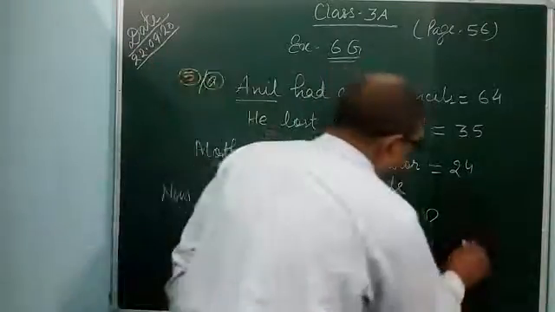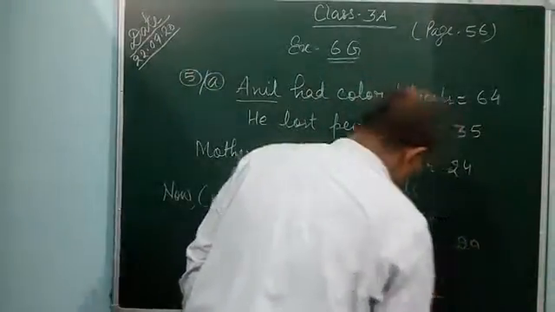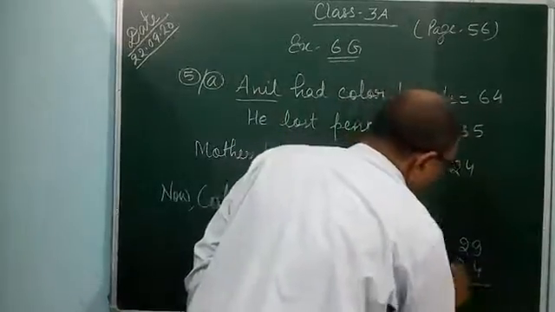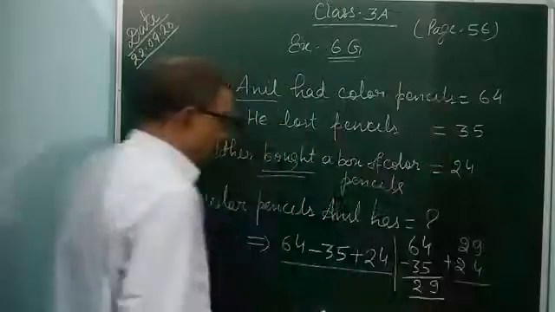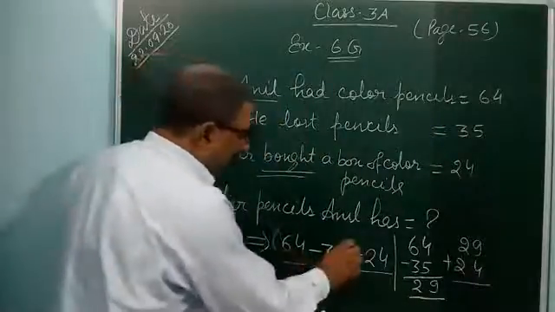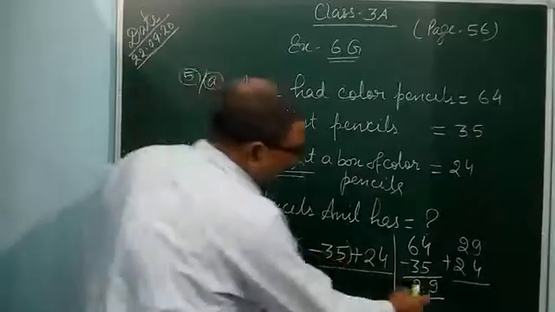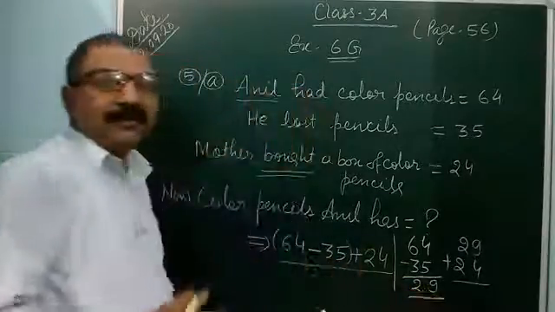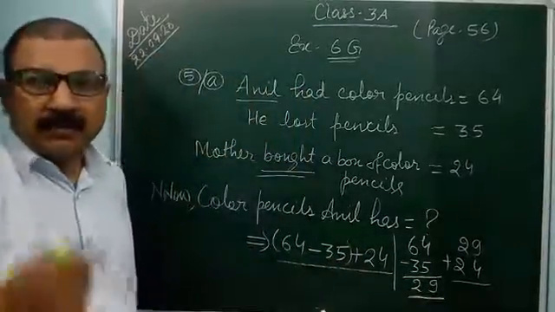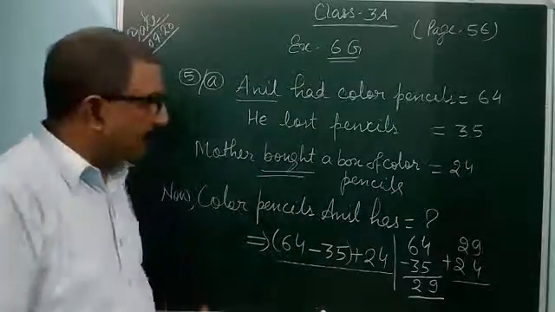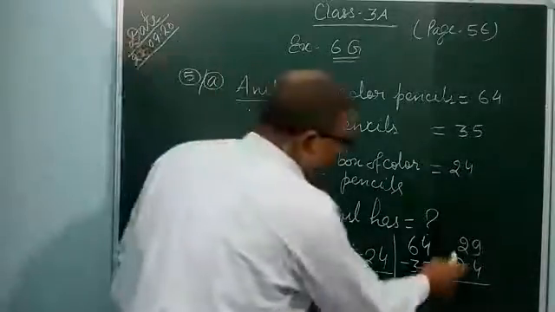So again 29 plus 24. You can add 29 plus 24. First we did the subtraction 64 minus 35. Anil has 29 pencils. After that, his mother bought 24 color pencils again. It means gain, so 29 plus 24.